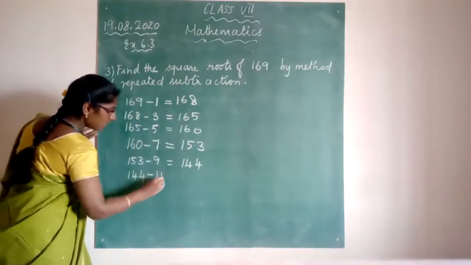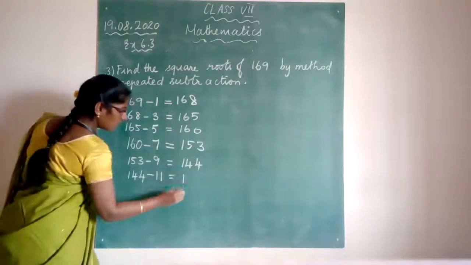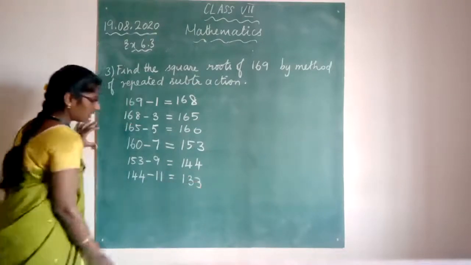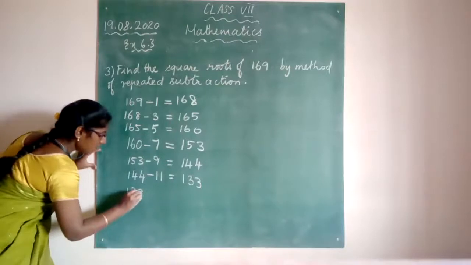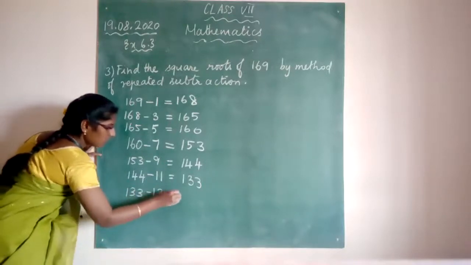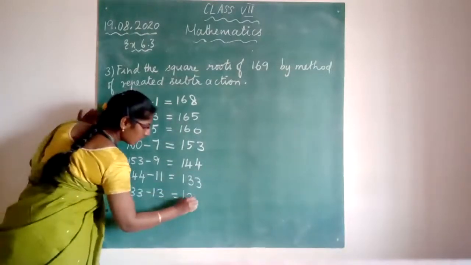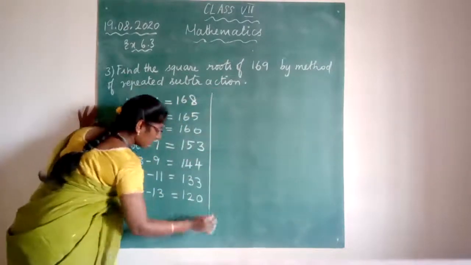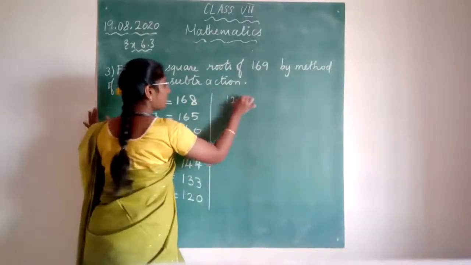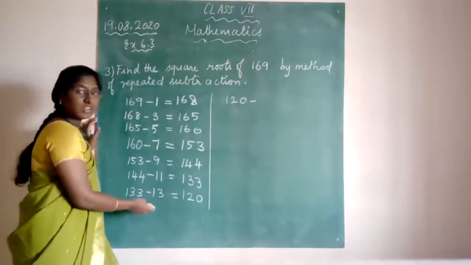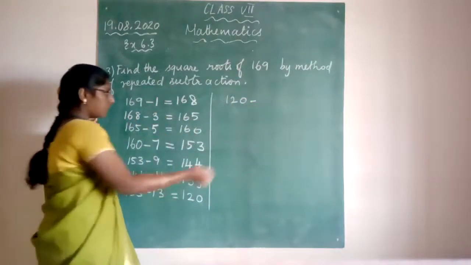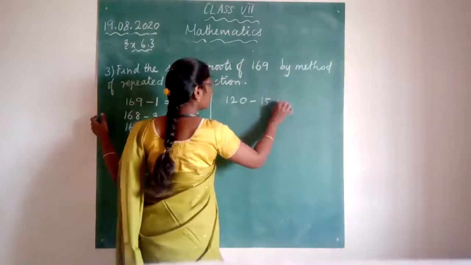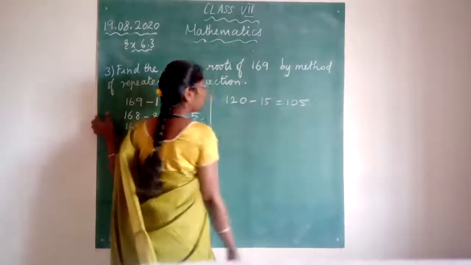Then 144 minus 11, that is 133. So 133 minus 13, that is 120. So we stopped with 13. Then after that, which is the odd number? 15. 120 minus 15, that is 105.